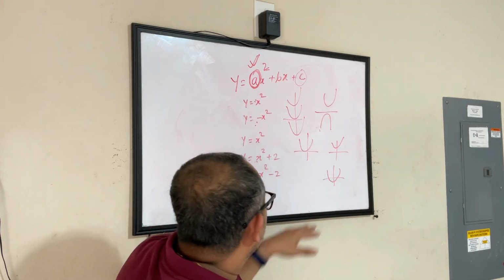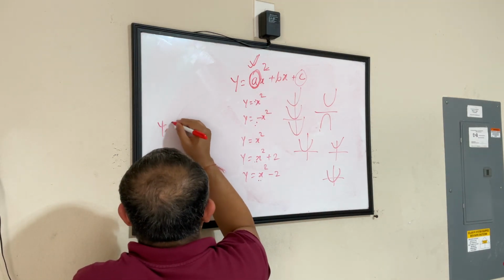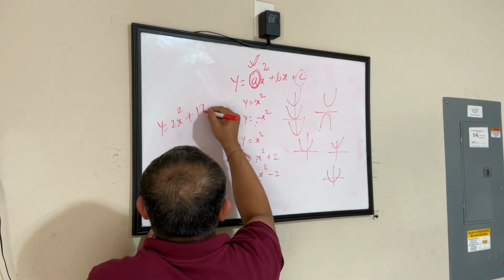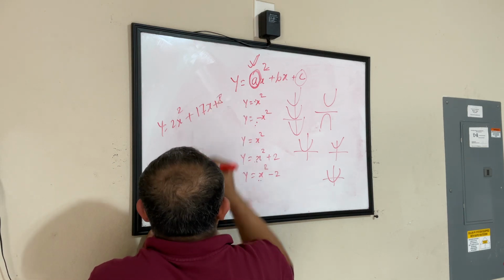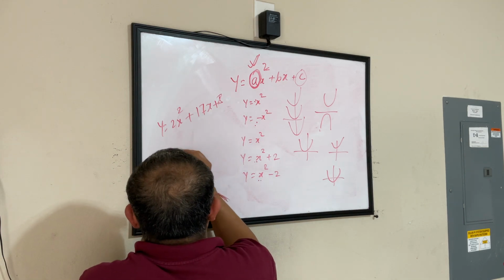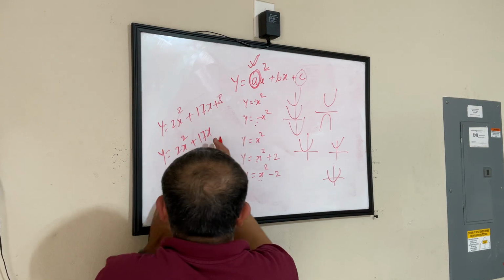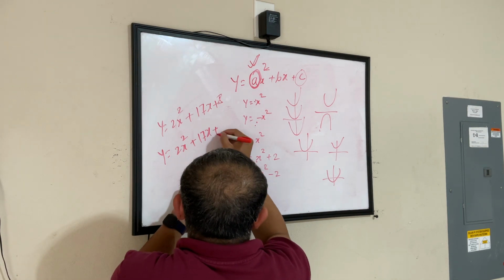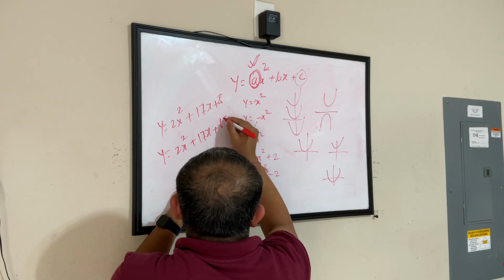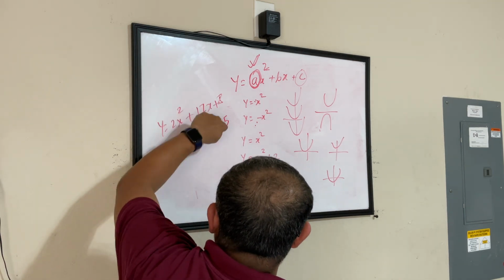If you have a parabola equation y equal to 2x squared minus 17x plus 8, and you say, okay, I will keep everything same, I'll just change the constant, make it 15, that means you are adding 7 here.